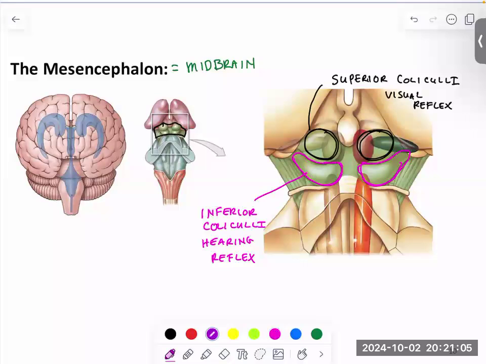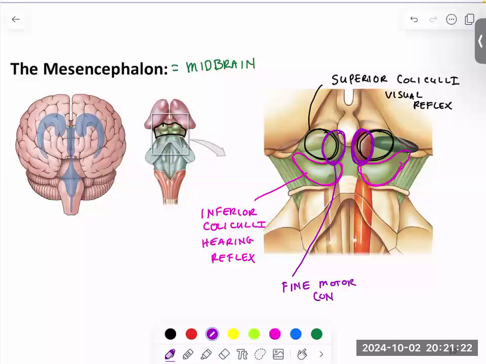The last one is this red region. This red region, you don't have to know the name of it, but that one helps regulate fine motor control.